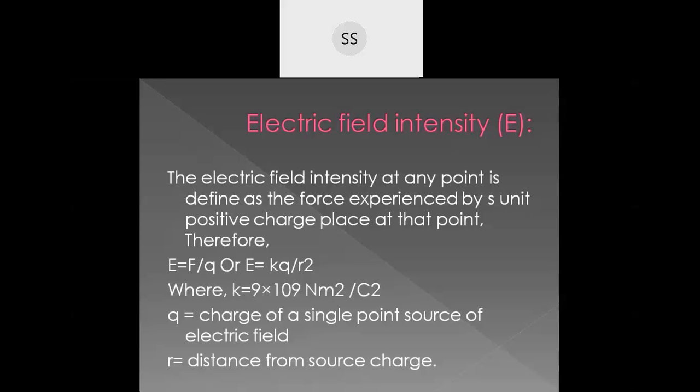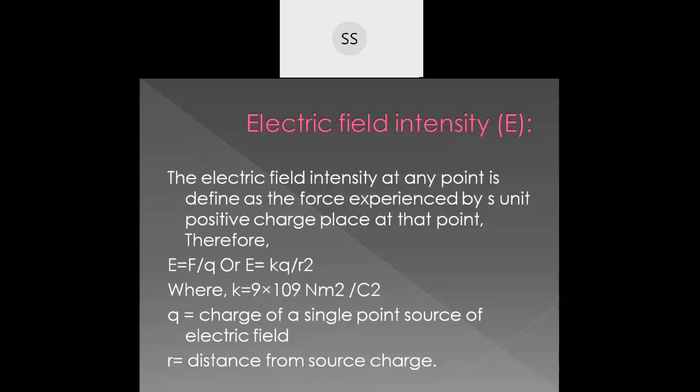Suppose we put a positive source charge, and because of that charge it will have an electric field area, right? If we bring another positive charge closer to it, the test charge will get repelled because the source charge is also positive, right? But with what amount of force will it get repelled?